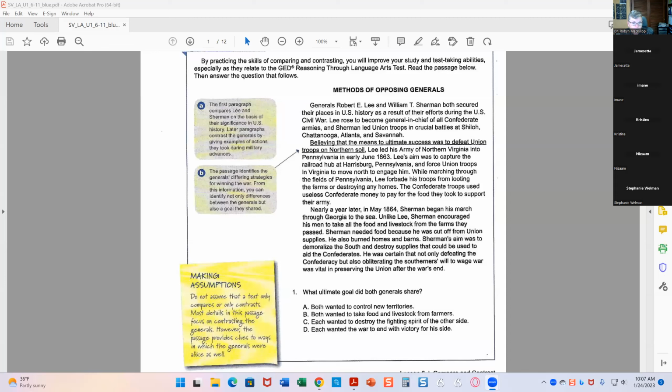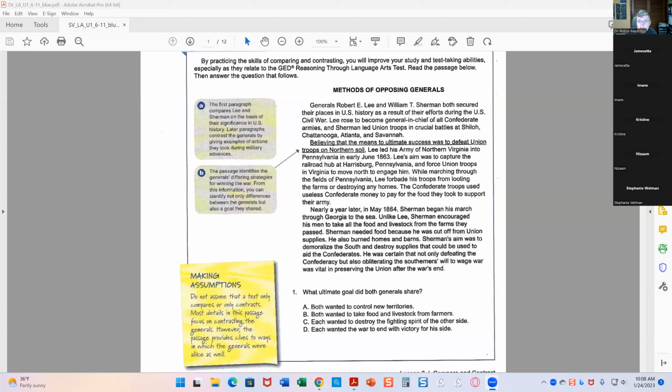Let's take a look at these. We'll go through them since none of you are going to throw out which one you would do if you were the general. Both wanted to control new territories. Not really. They were looking to defeat the other side, decimate the other side. So you could say, well, yeah, they wanted more territory, but it wasn't a land grab.